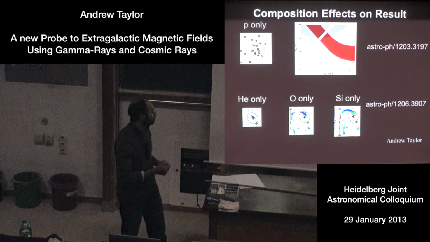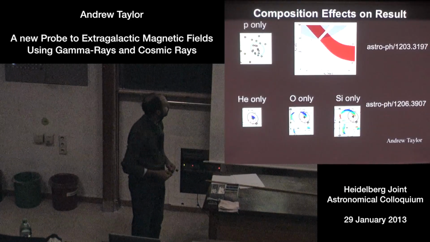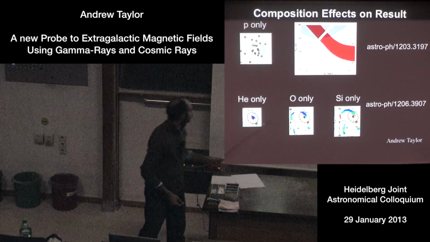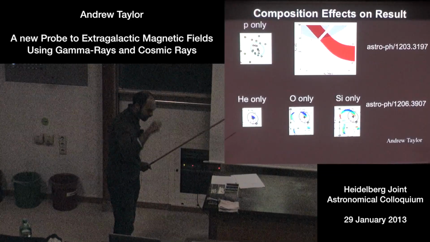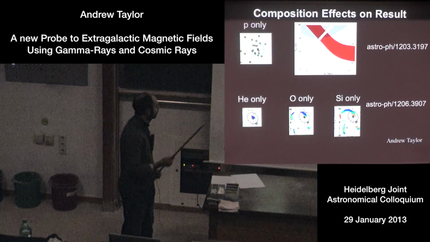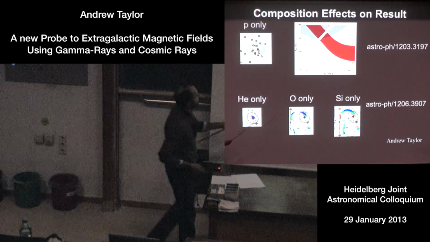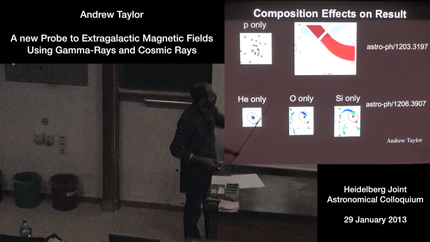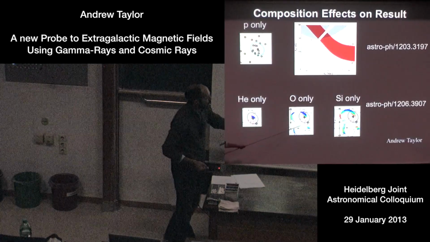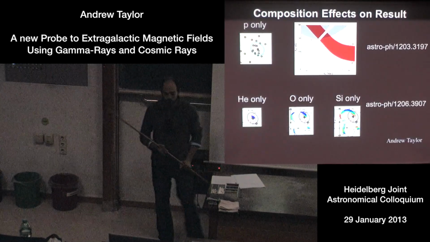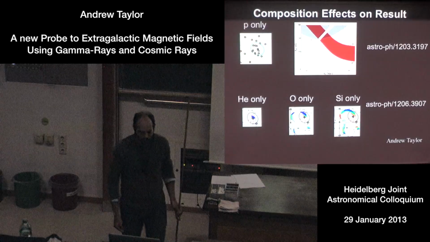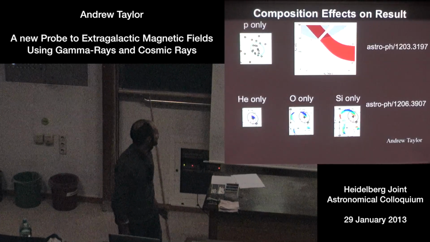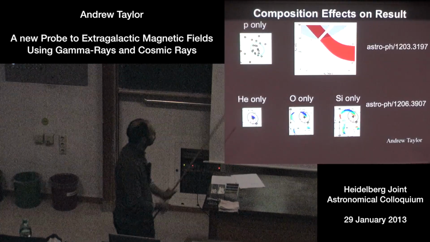For protons, it can be subdominant, but for nuclei, even the galactic deflections can be significant. So just to show you, this is the same circle here, and for oxygen-type compositions you can get large deflections in just the galactic magnetic fields. So of course that puts a dampener on things. It limits this method somewhat.